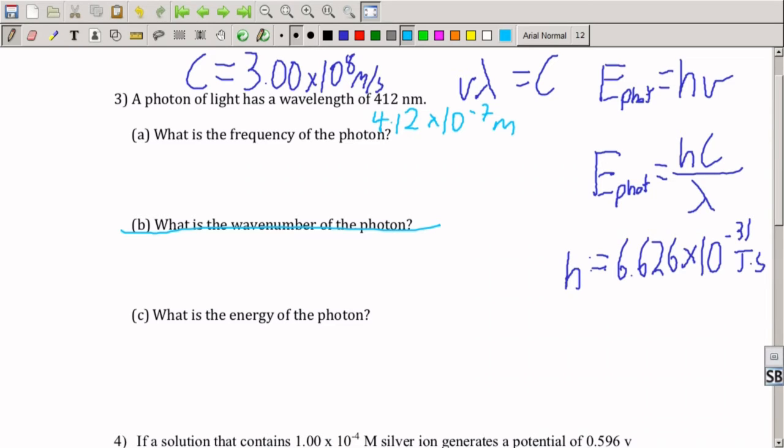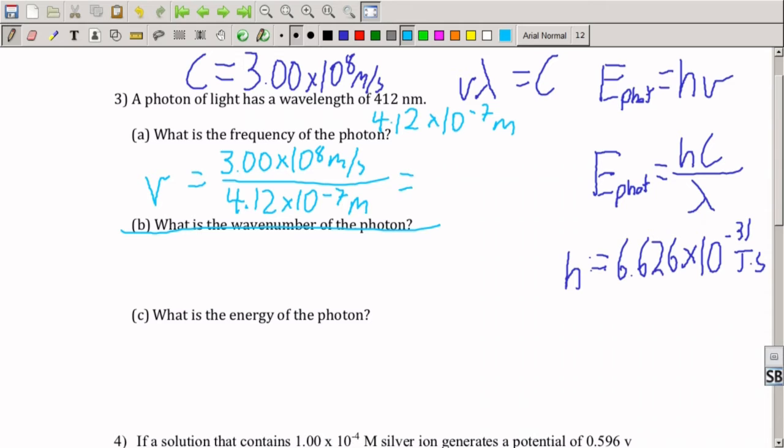So, in order to calculate frequency, we simply take our speed of light and we divide by the wavelength in meters, 4.12 times 10 to the negative 7th meters. The units we end up with are reciprocal seconds, which is what we want, which is the same as hertz.